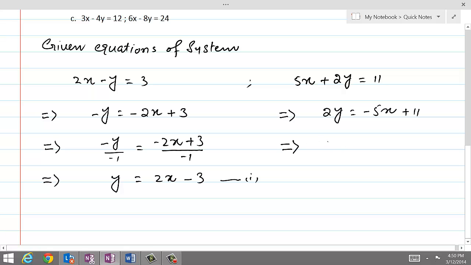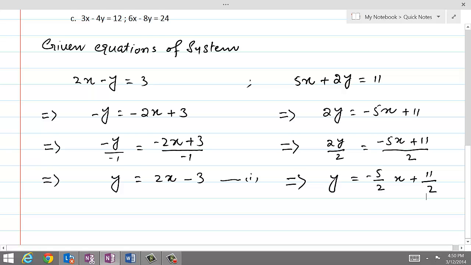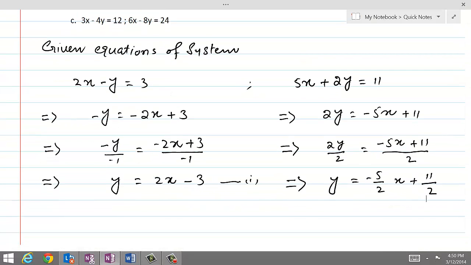Therefore y will be 2y divided by 2 is equal to minus 5x plus 11 divided by 2. This will give us y equal to minus 5 by 2 x plus 11 by 2. So if this was the second equation, let's name this as equation number 2.